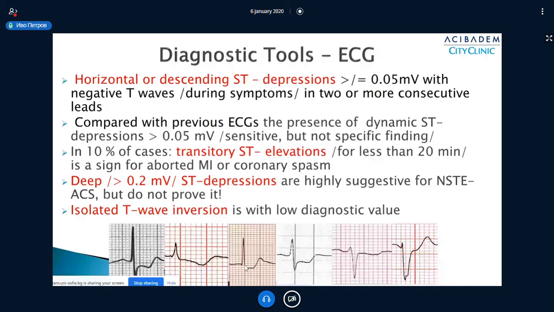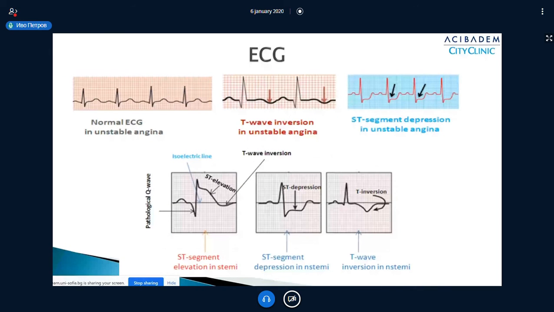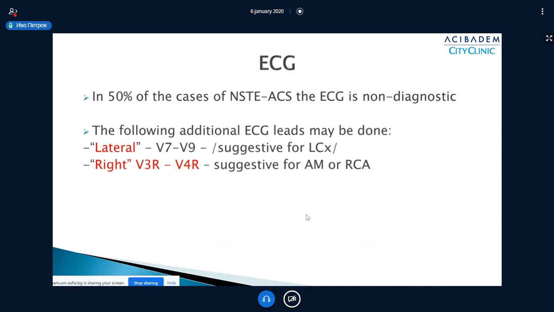So the patients with dynamic ECG changes, like in this situation, ST depression, ST depression, ST depression, are more classified to high risk.